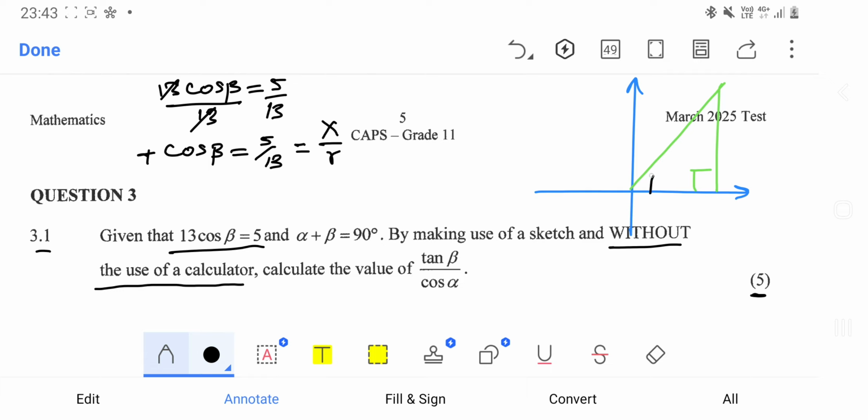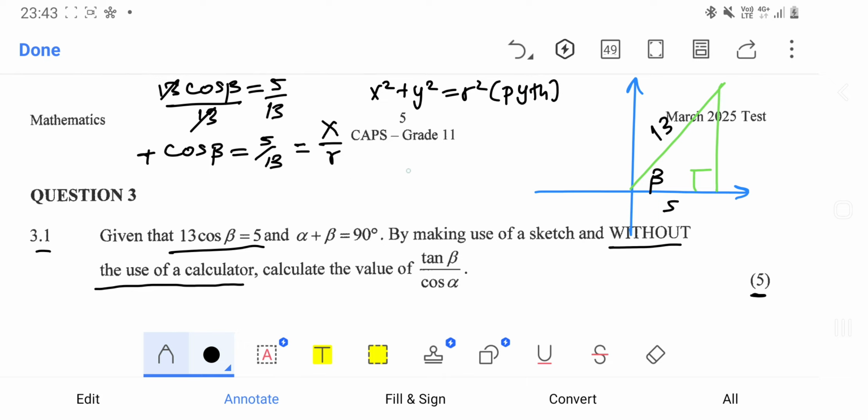So now we have our sketch diagram. We have angle β, and x as 5, and the hypotenuse, which is opposite to the 90-degree angle, as 13. The opposite side to angle β is unknown, so we work out that side using x squared plus y squared is equal to r squared, the theorem of Pythagoras.